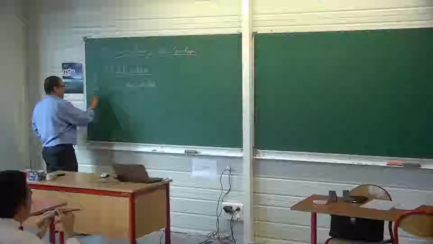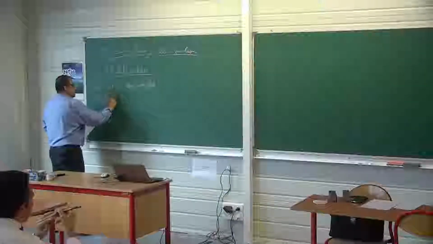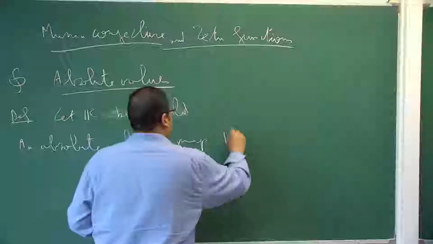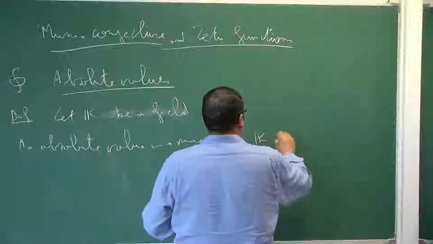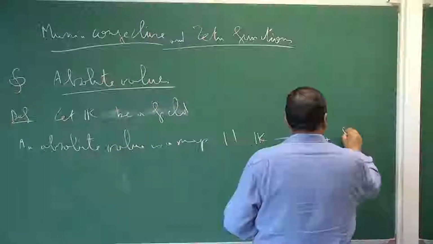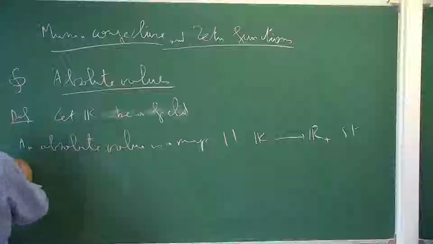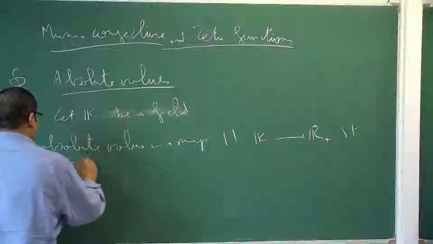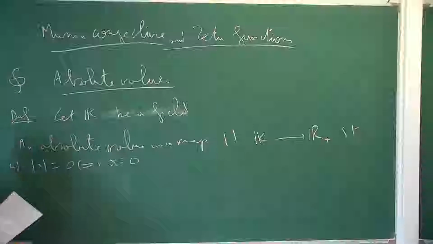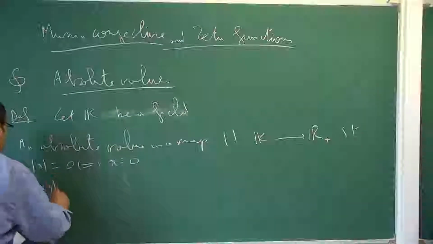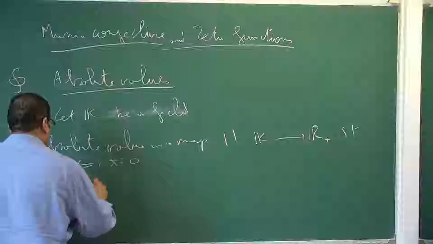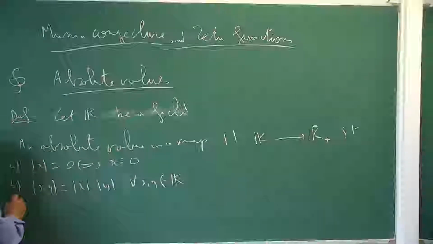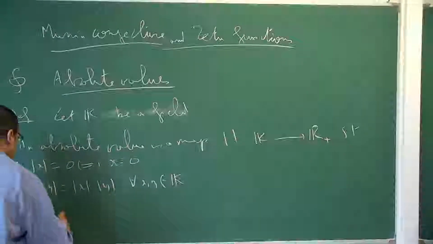An absolute value is a map from the field to R plus such that it's vanishing if and only if it's zero, and it satisfies the following property. And it satisfies also the triangle inequality.